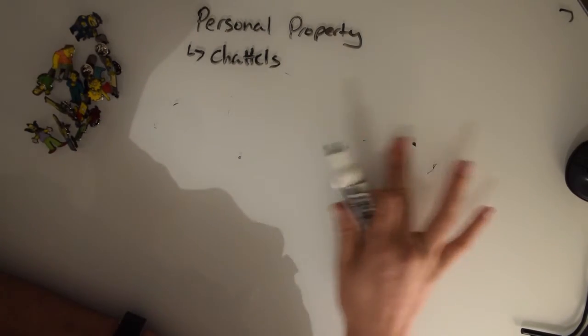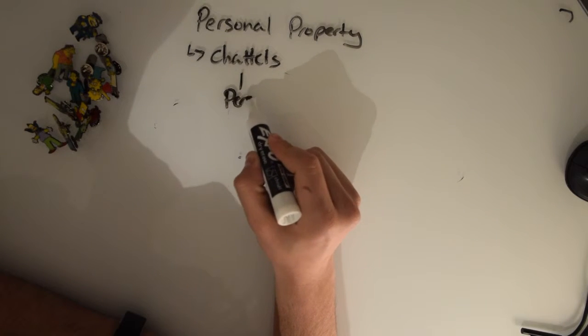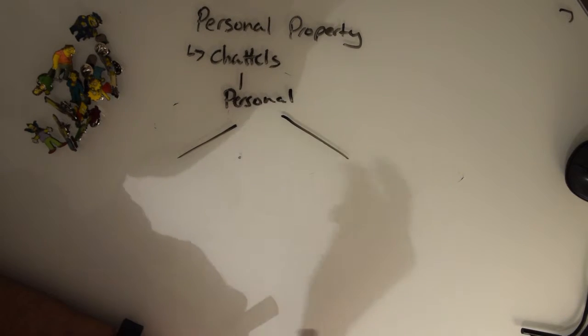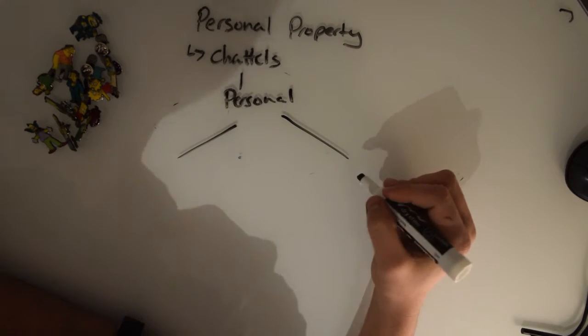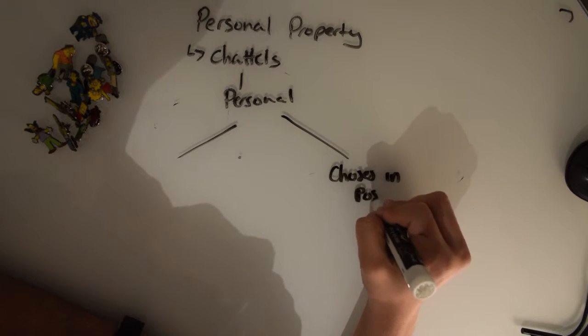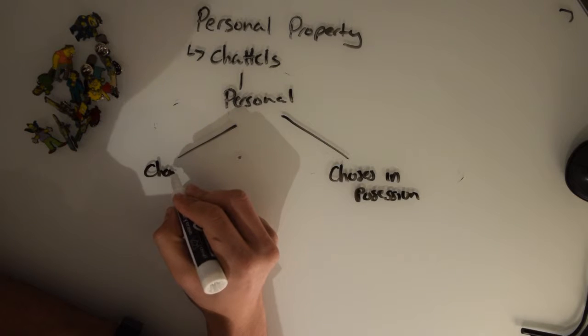What you'd mostly be focusing on is the difference between the two types of personal chattels. Firstly, being choses in possession, and choses in action.